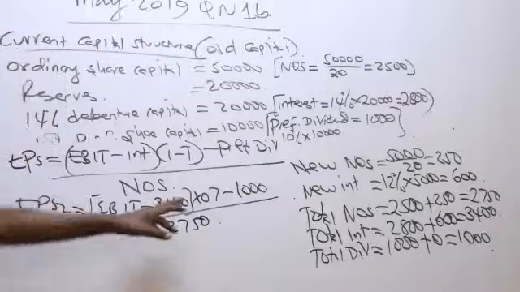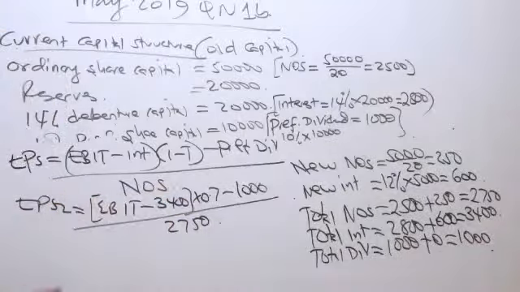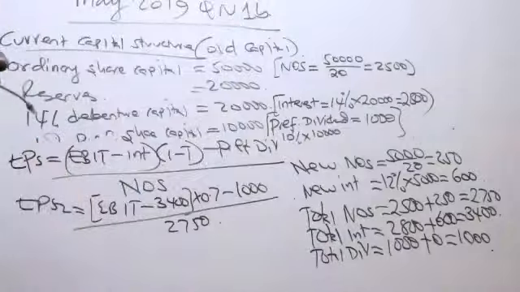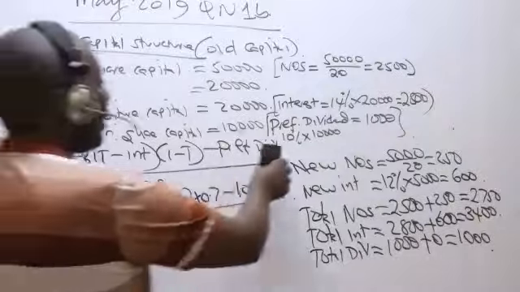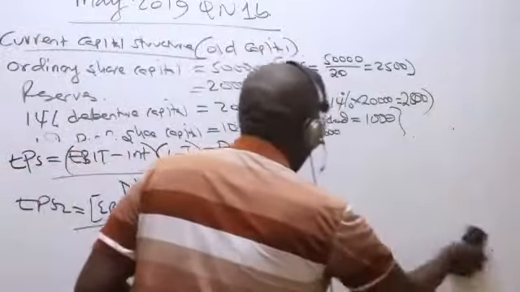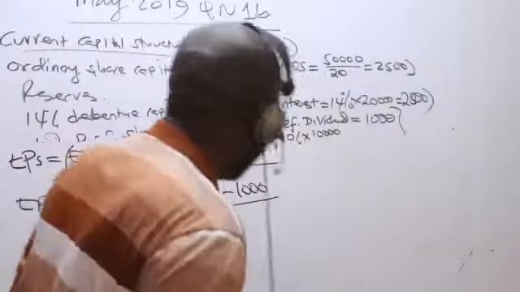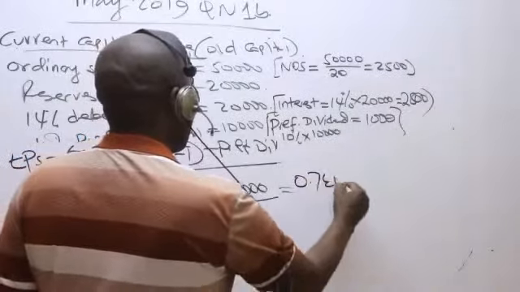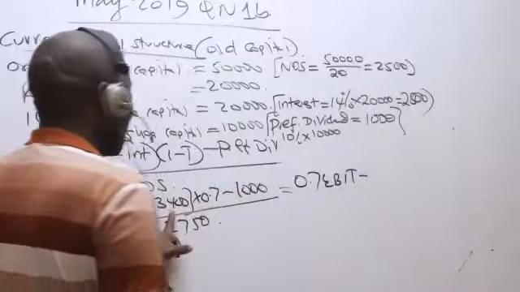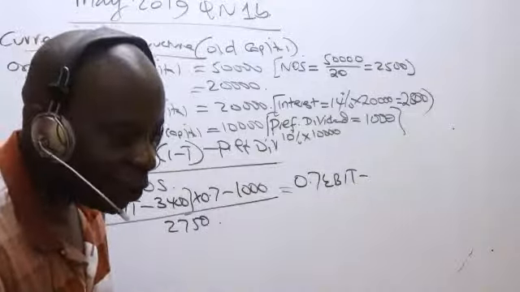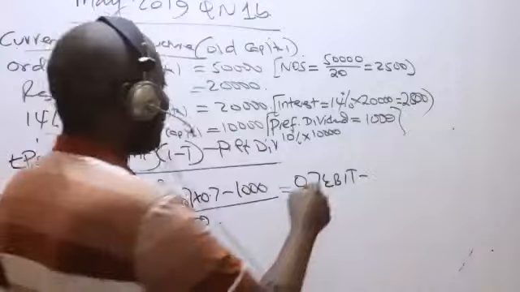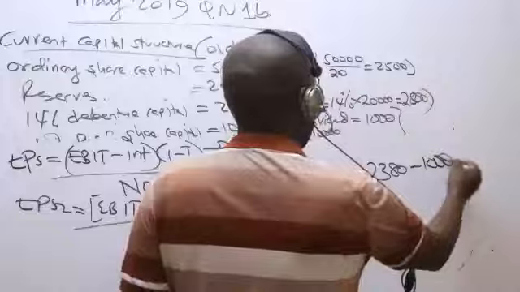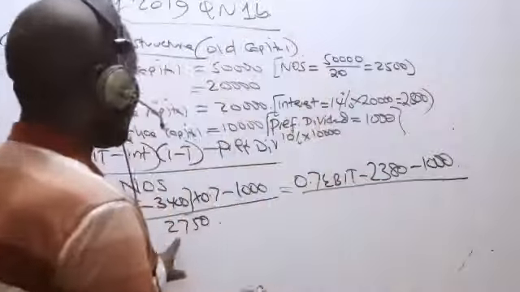So please go ahead and open up the brackets. What do we have here? When you open the brackets, we have 0.7 EBIT minus 3,400 times 0.7, which gives me what figure? 2,380. Minus 1,000, all over 2,750.